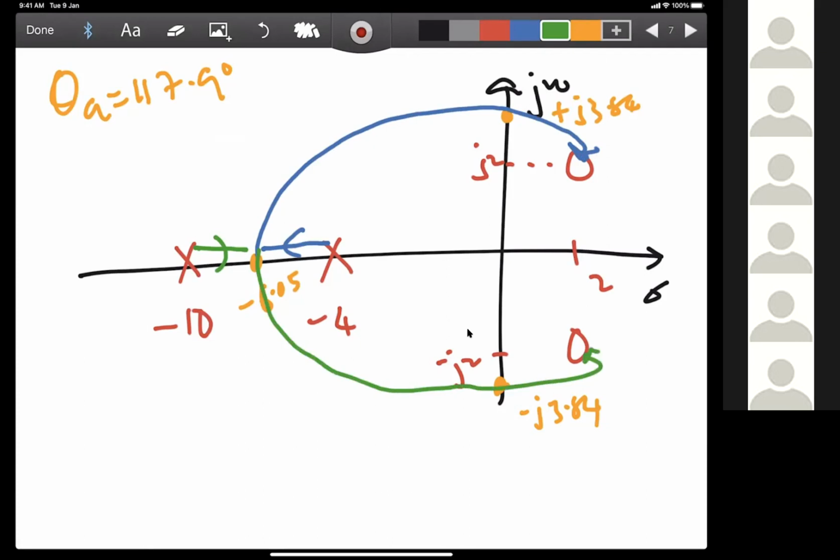Okay, roughly lah, yeah. So this one is considered an acceptable freehand draw for the root locus sketching.